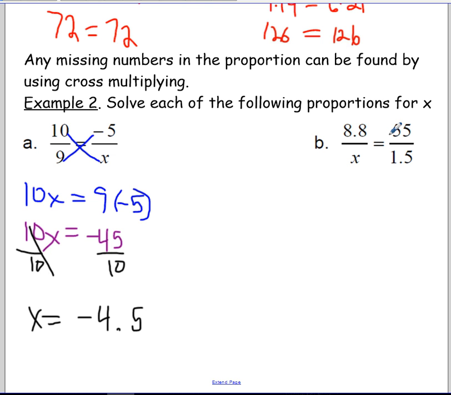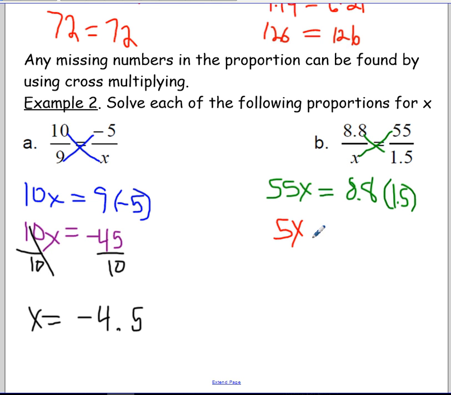Let's take a look at B now. We have 5.5 across from x, so 5.5 times x, or 5.5x, needs to be the same value as 8.8 times 1.5. And so again, we will multiply on the right-hand side to simplify it.